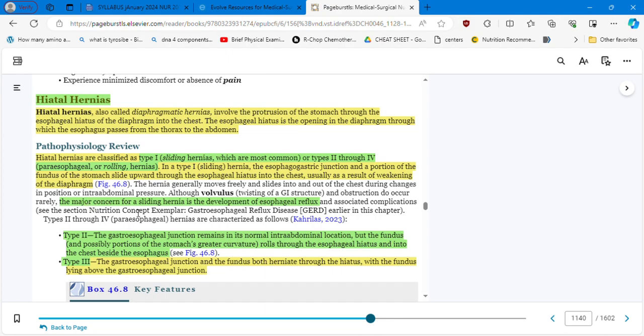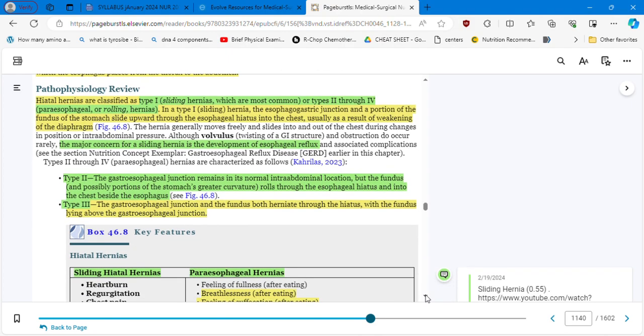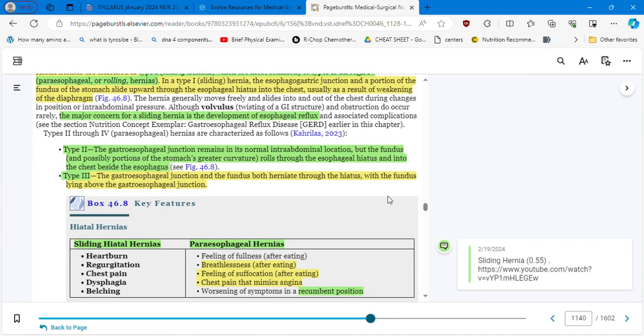The major concern for a sliding hernia is the development of esophageal reflux, right? Because that brings as a consequence acid content damaging the tissue of the esophagus, maybe little ulcers.